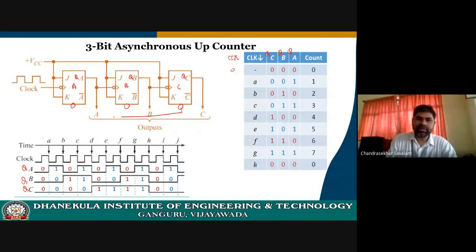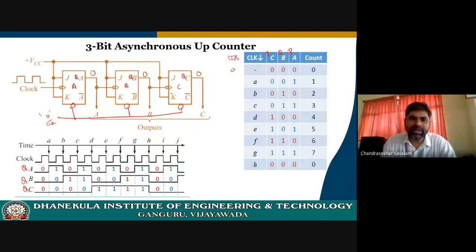All of these are shorted together. Initially we applied 0 for this clear input. What happens if you apply 0 for the clear input? All the flip-flop outputs QA, QB, QC, irrespective of the input and the clock, should be 0, 0, 0.